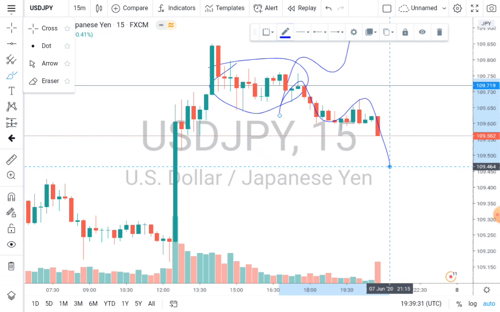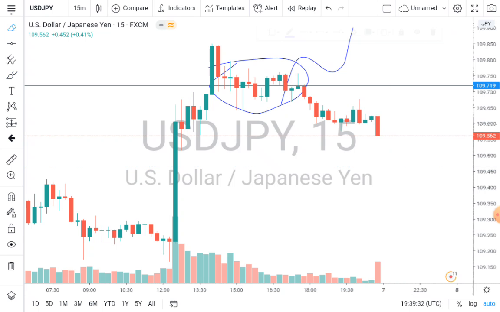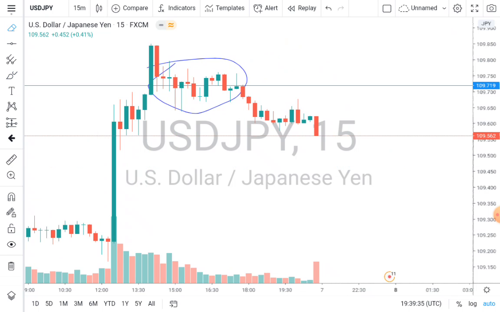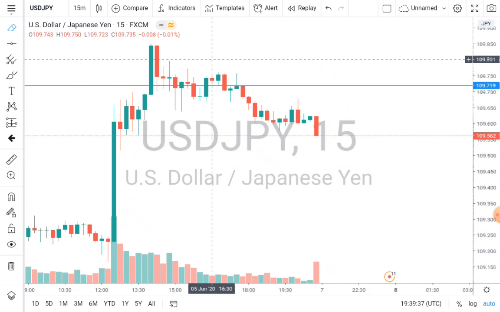Now we need to see what price level we should prepare our selling orders at, or market execution selling orders, with a minimized stop loss for better risk management.